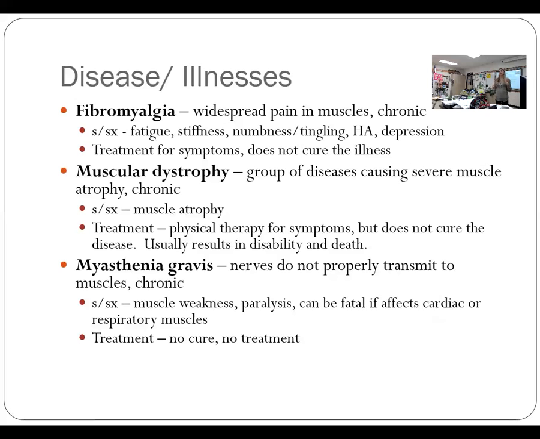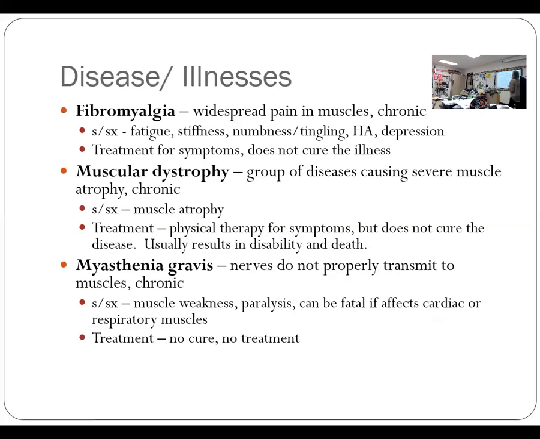And you think about it, it's not just arms and legs. It can affect even involuntary muscle too. So the treatment for this is physical therapy, but again, there's no cure for this. There's not a cure for a lot of these muscle type diseases. They're kind of vague. They can't pinpoint any one cause. A lot of them are just genetic, and there's just not a whole lot that they can do about it besides just treat the symptoms.